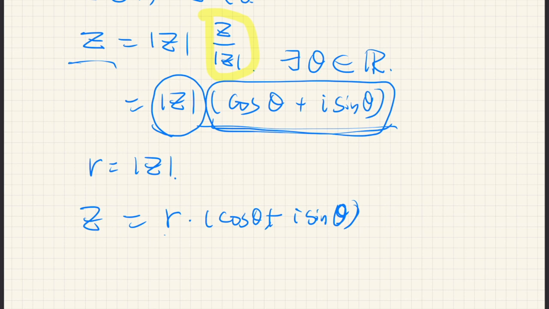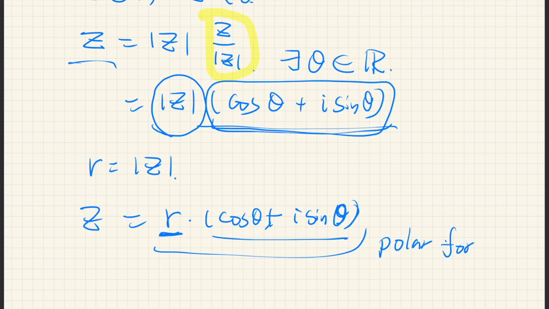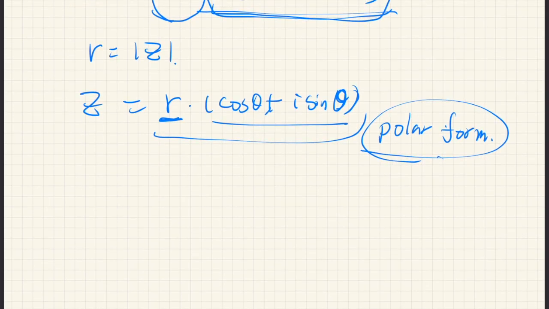Okay, so any complex number can be written in terms of real part and imaginary part, or length part and argument part. This form is called the polar form of the complex number. So a complex number can be written either in this way or this way.